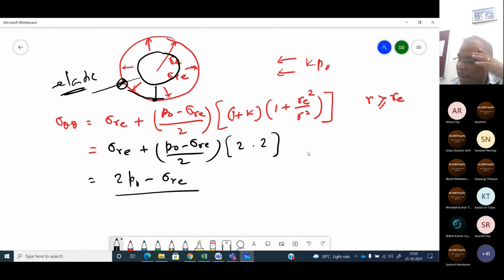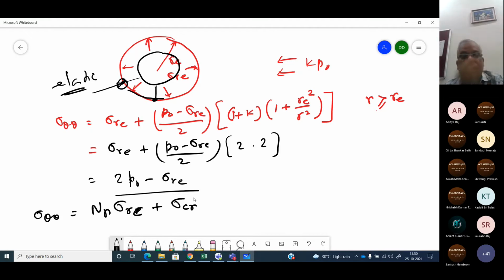In other words, from the plastic side, sigma theta theta will be NR sigma RR, or in this case sigma re, plus sigma CR. Here, let me tell you what CR is. This R means intact rock. We are calling it intact rock because here we assume this is not the fractured rock.